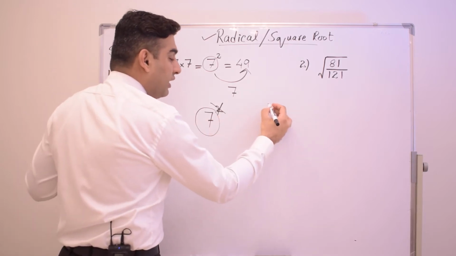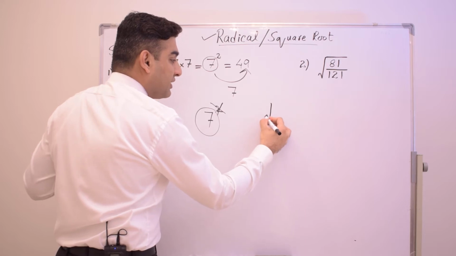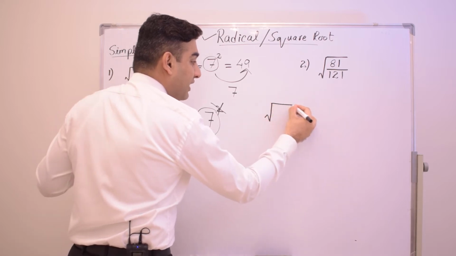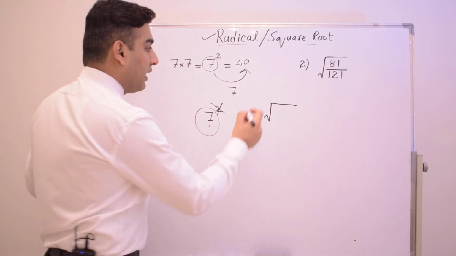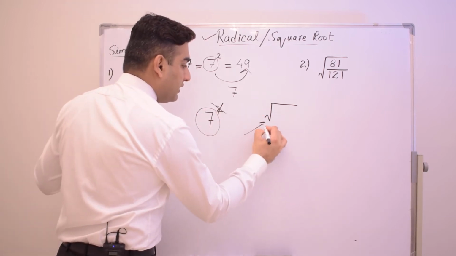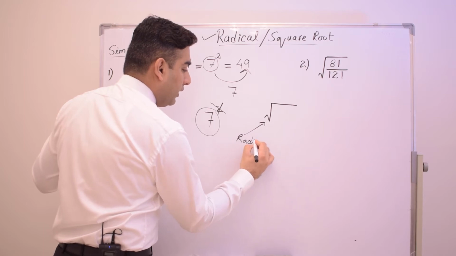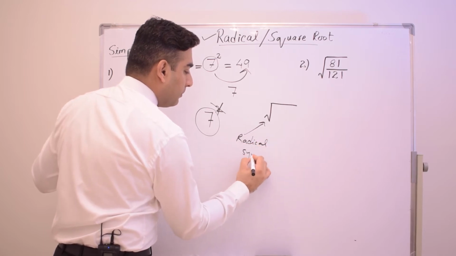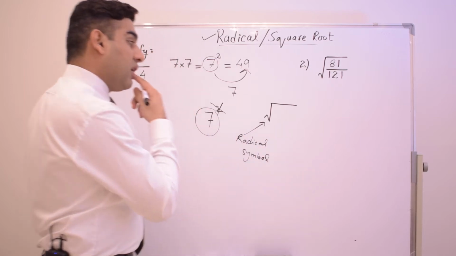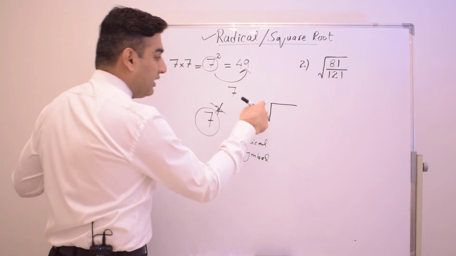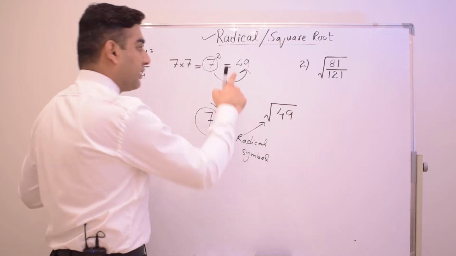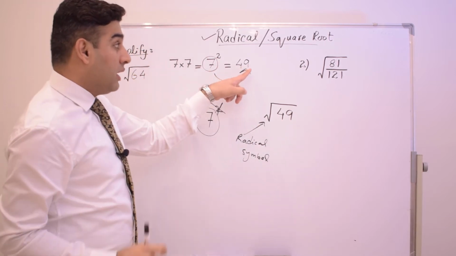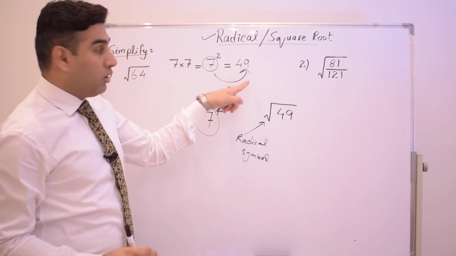In mathematics we have a radical symbol, and that is this one. I want to show you here. This is the radical symbol, and what comes inside, for example I'm going to put 49 inside because you want to find the square root, the radical, of 49.